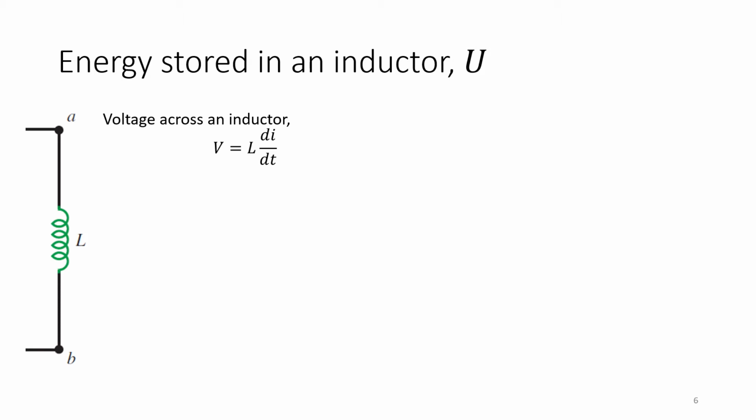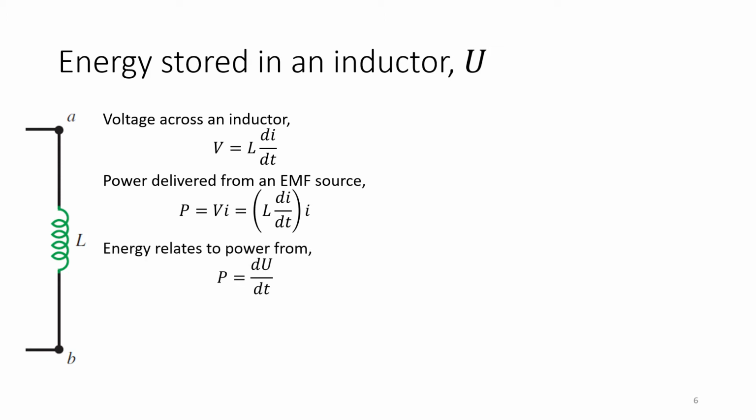Now, power delivered from an EMF source, or our inductor, is given by P equals IV. Substituting our known expression for V, we have L dI over dt times I as the power delivered from our inductor. Power then bridges us to energy, as we know that instantaneous power is just the time derivative of energy.